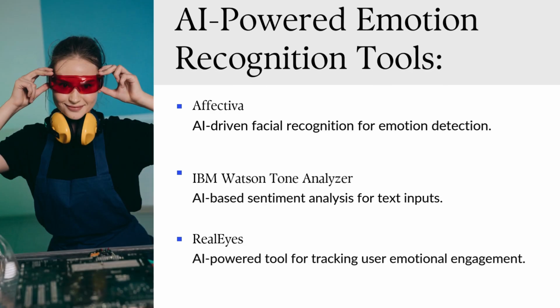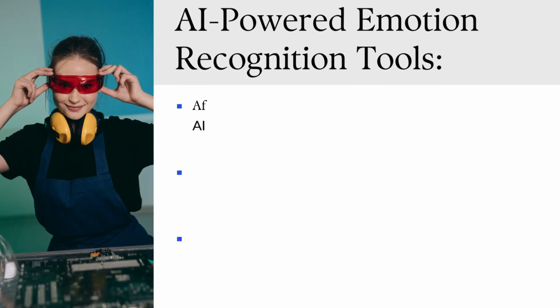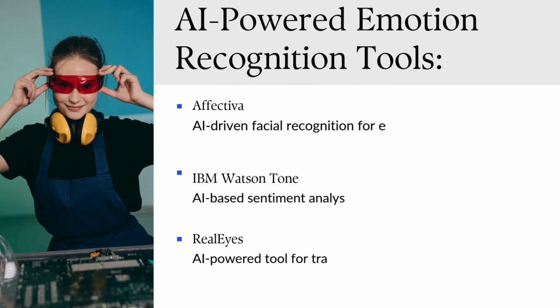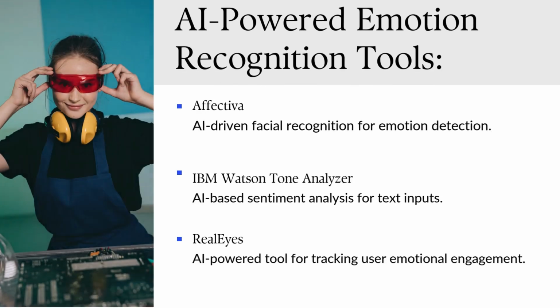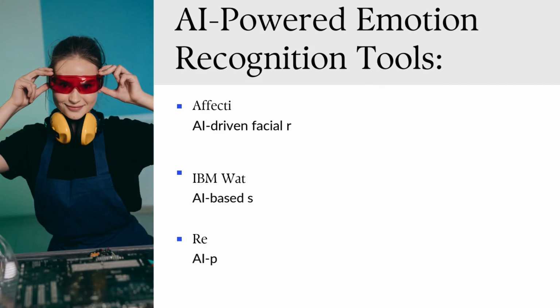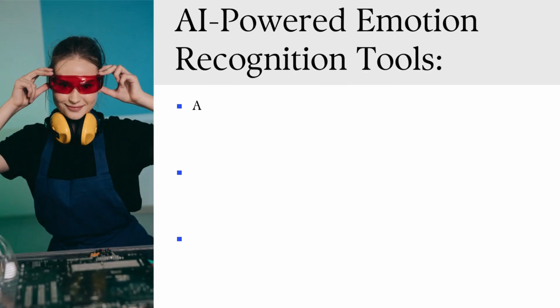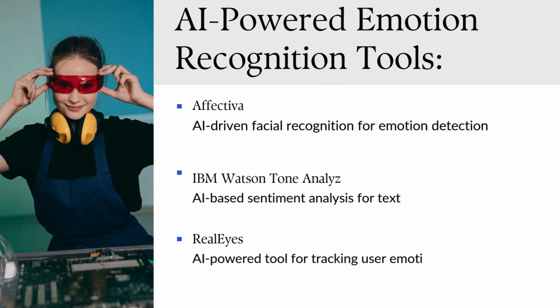So guys, let's go ahead to talk about some of the AI-powered emotion recognition tools. First on our list, we have Affectiva. This is an AI-driven facial recognition tool for emotion detection. Next on our list, we have the IBM Watson Tone Analyzer.